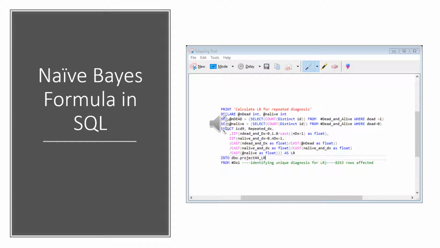The naive Bayes formula was used to aggregate data from individual diagnoses to predict the overall risk for diabetes. This slide is a representation of the naive Bayes formula in SQL. This code was used to determine the likelihood ratios for the diagnoses.